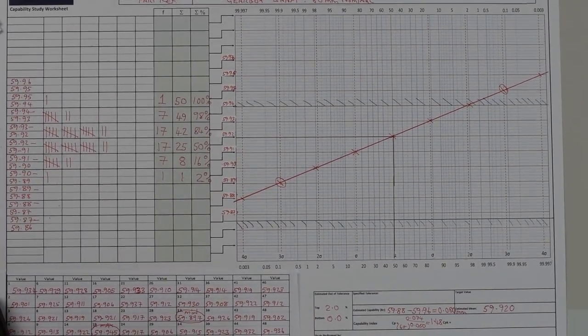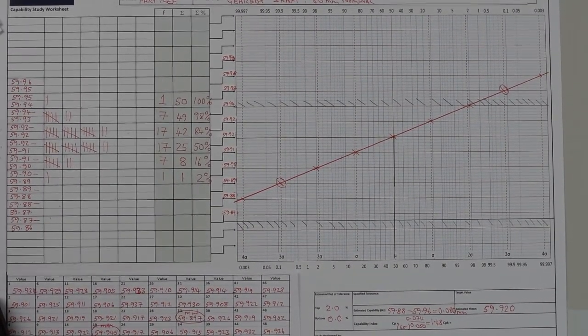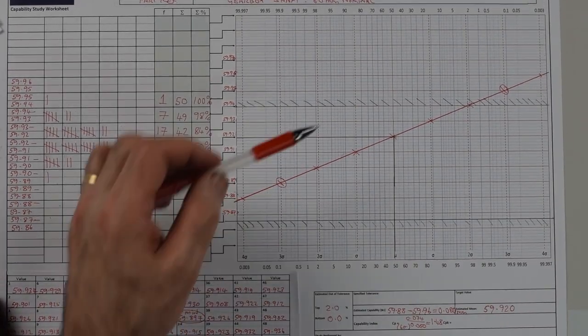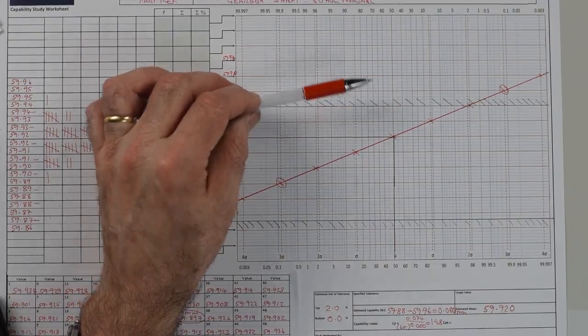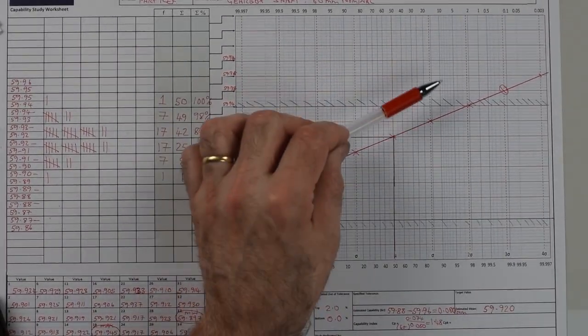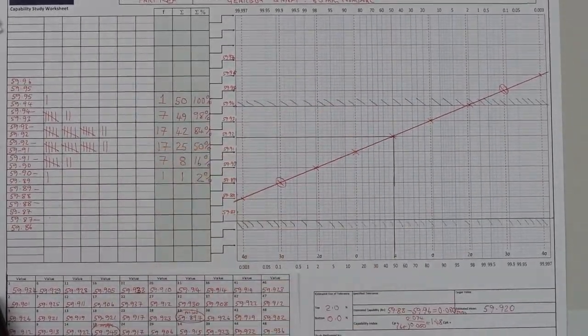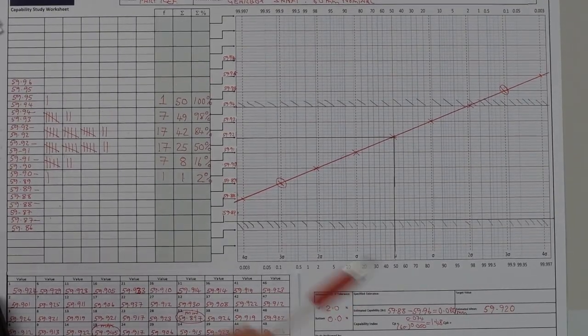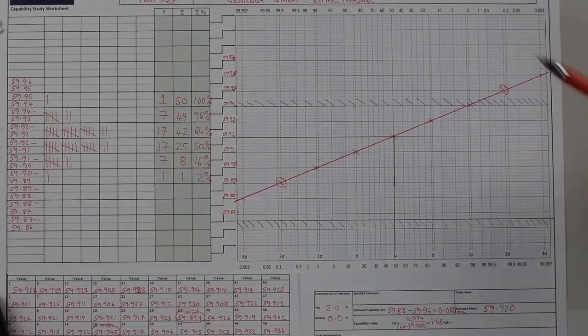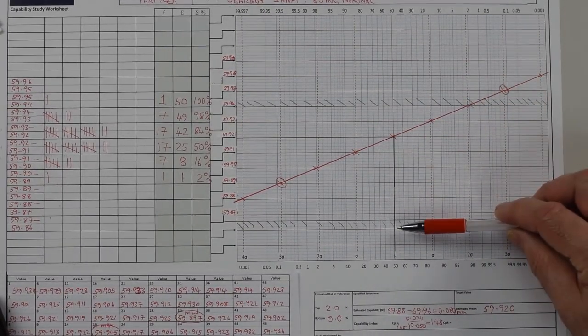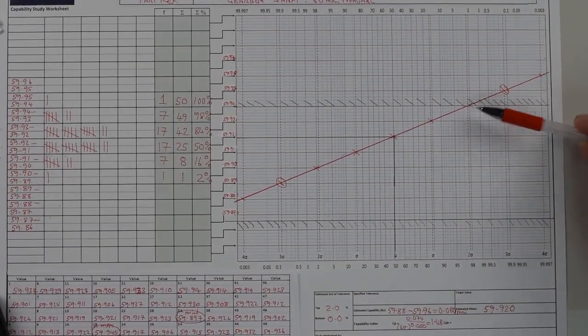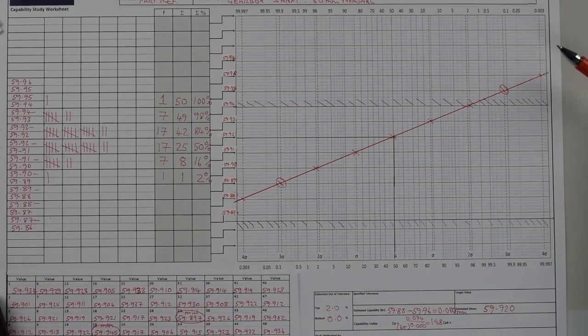We can also calculate the CPK. For the CPK index, you must take the nearest specification limit, subtract the mean from that, and divide that by the 3 sigma point. In this example, we would take the upper specification limit because that is closer to the mean than the lower one. We would subtract the value of the mean, and then divide by the 3 sigma value of the data.